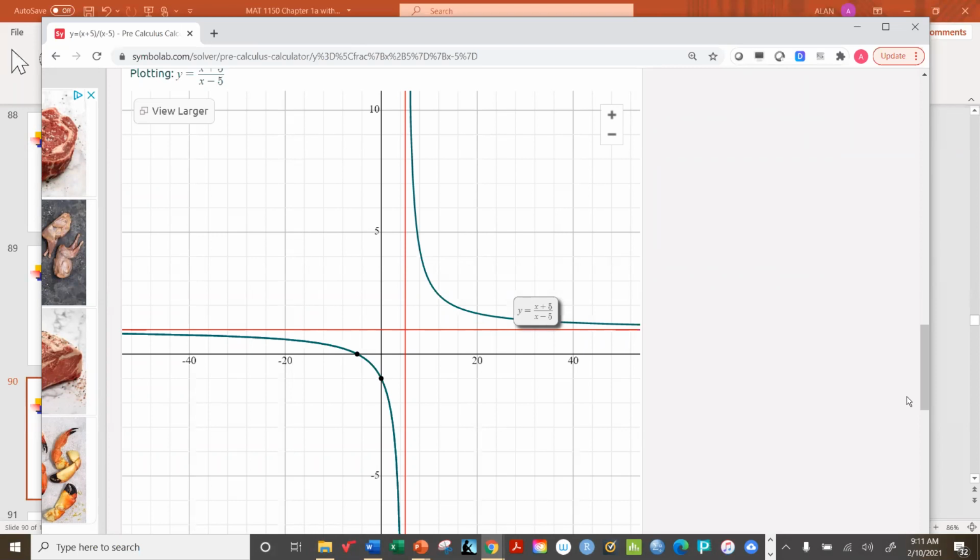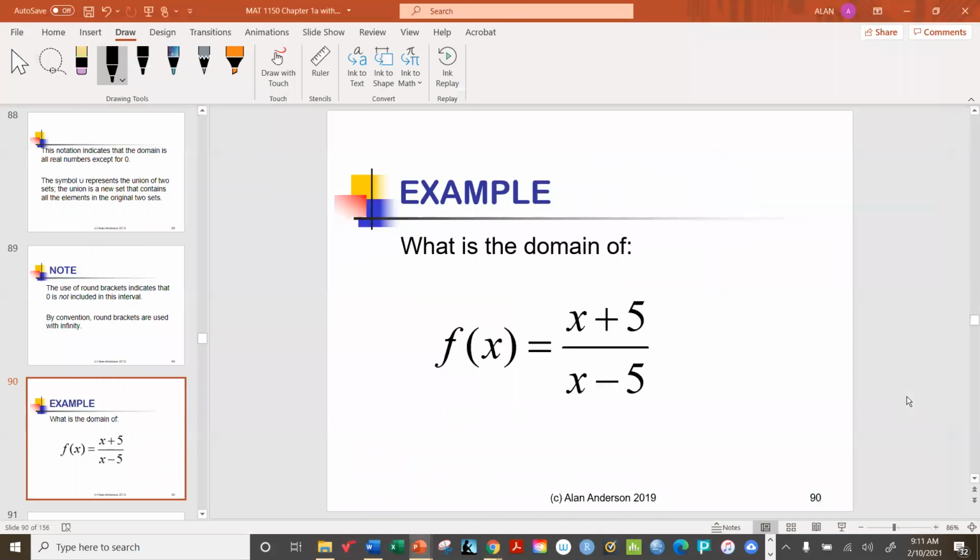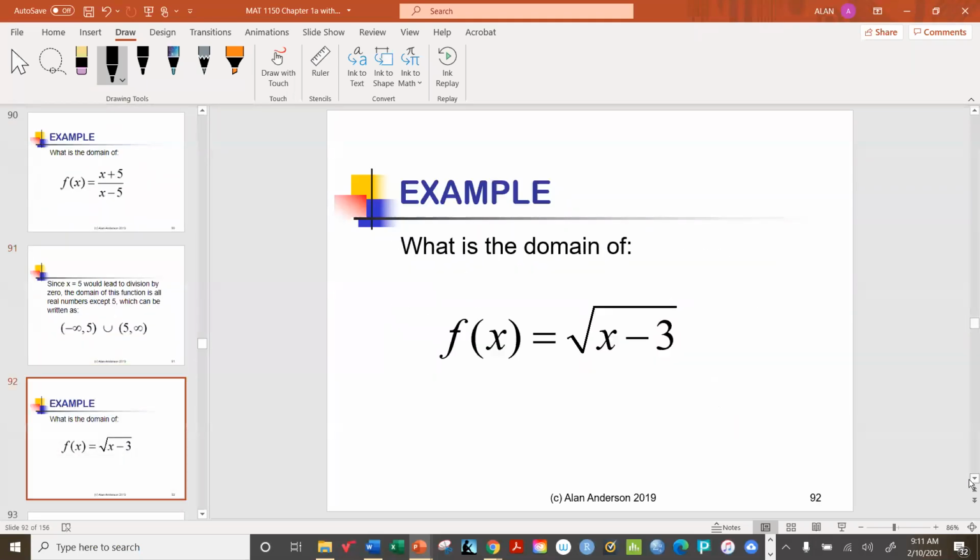Okay. So how about this one? Oh, now you can see we're asking for trouble. What value of x, or values, I should say, would be disallowed in this case? That's right, or 3 itself, too, for that matter.